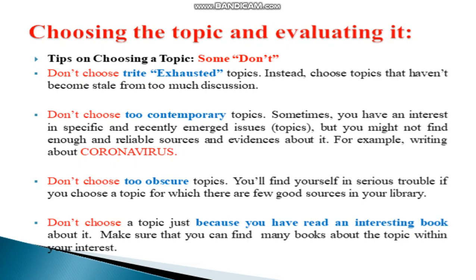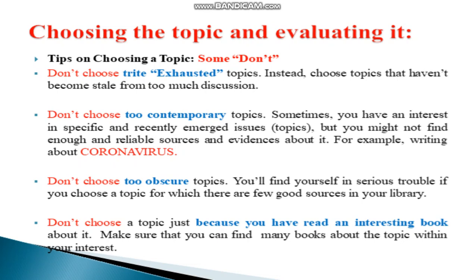Sometimes you have interest in a specific and recently emerged issue or topic, but you might not find enough and sufficient reliable sources and evidences about it. So what is meant by too contemporary topics? Too contemporary topics means the recently emerged topic.